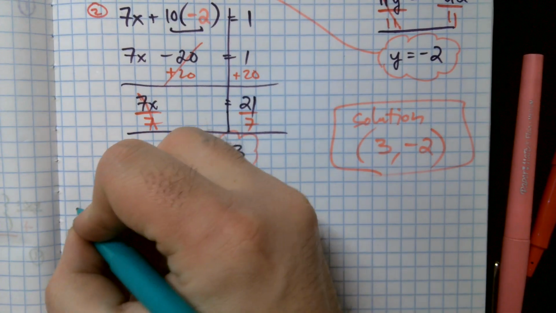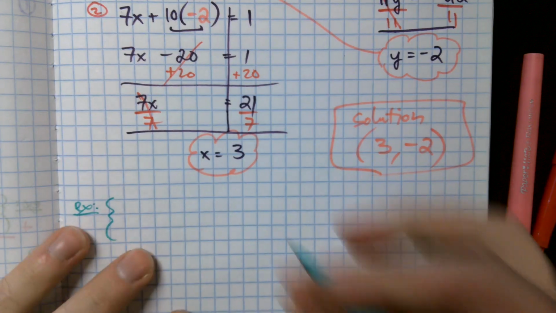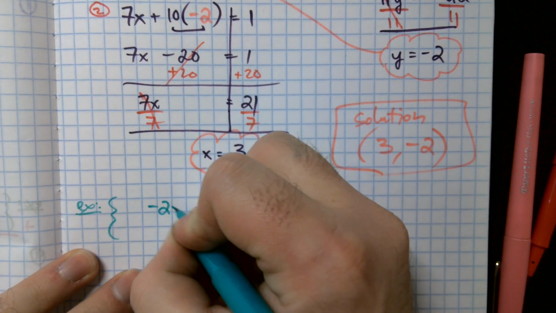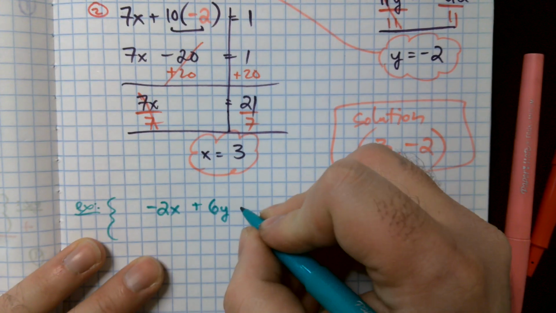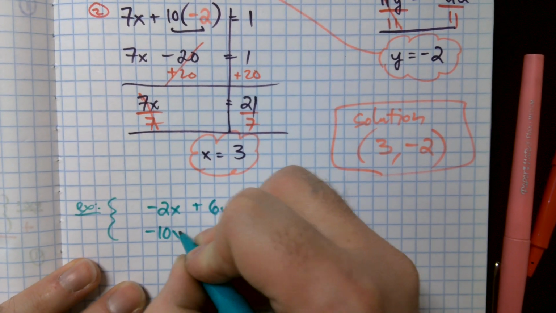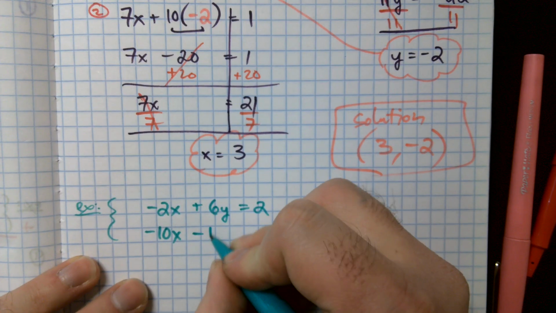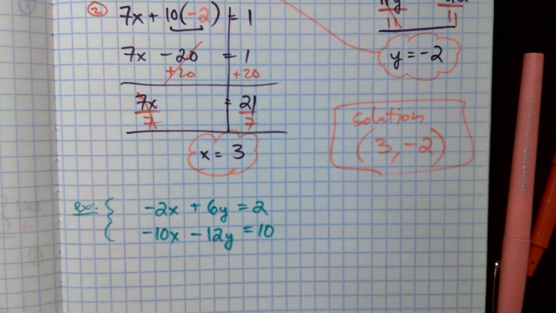Okay. Let's say I've got negative 2x plus 6y equals 2, and negative 10x minus 12y equals 10. I'm going to drop this down.